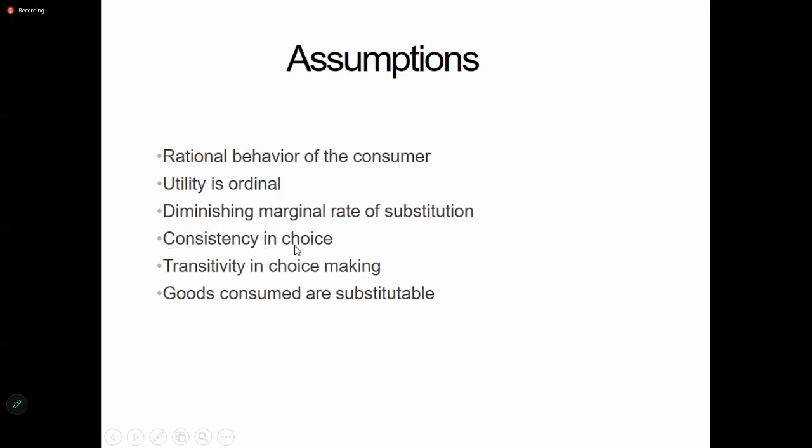Consistency in choice: choices are consistent, no change. And transitivity in choice making. Every time you can transfer your choice; if you don't like this, you can go for another. Goods consumed are substitutable. We assume all goods are substitutable. You remember substitute goods: butter and margarine, tea and coffee. One can substitute for another. So that's the ordinal behavior of utility.